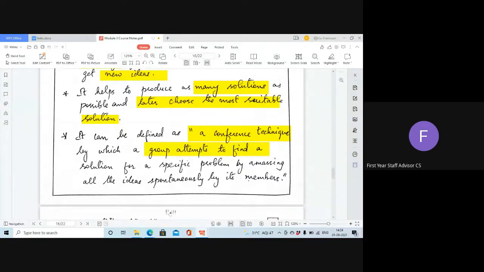A group means a collection of people who sit together and find solutions to a specific problem, and all these ideas are collected from the members' minds spontaneously. Whatever arises in their minds spontaneously is collected, and then a solution is suggested.